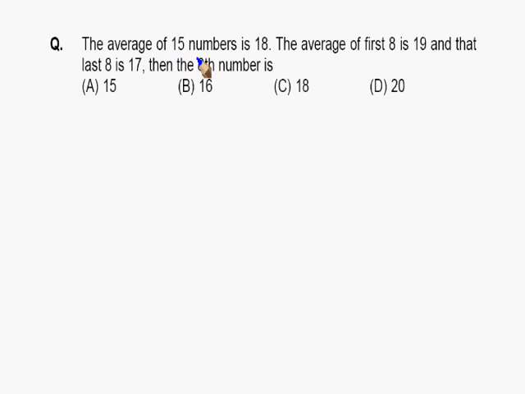The average of 15 numbers is 18, and the average of the first 8 is 19 and that of the last 8 is 17. Then the 8th number is. So in this question we are given the average, or you can say the mean, of 15 numbers. Let's say the numbers are x1, x2, x3 and so on up to x15.